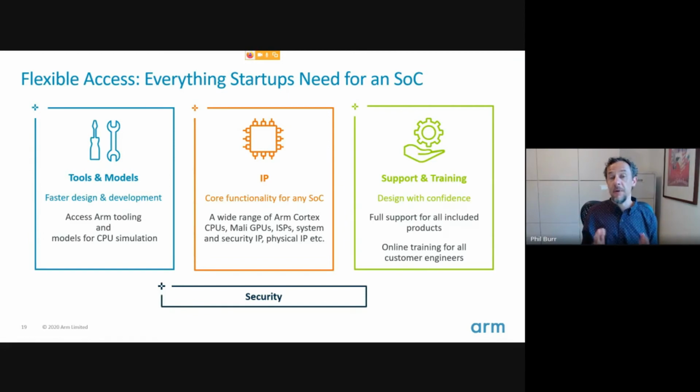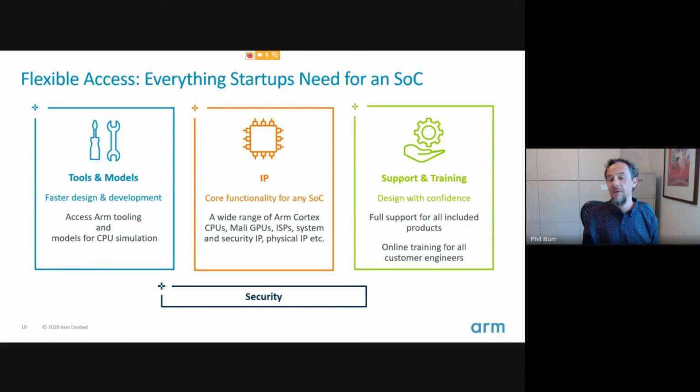So just to summarize again what flexible access offers. It's everything that a startup needs for their SoC. So it's not just that vast swathe of technology and of IP. It's also things like tools and models that I mentioned that help people use that technology, help them decide what technology to use, to simulate, to do performance, and to develop software.